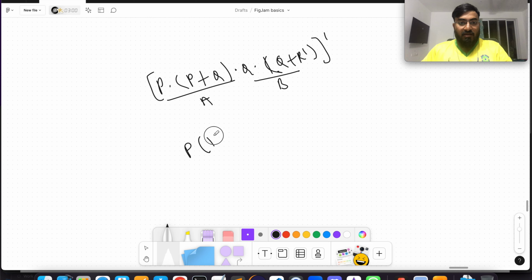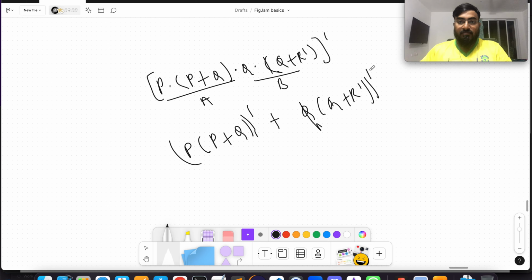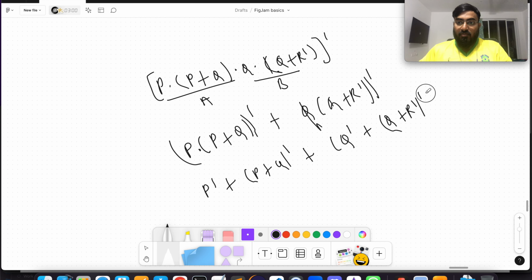So, p bar plus (p plus q) whole bar plus (q dot (q plus r bar)) whole bar. Now this is again (a dot b) whole bar, so a bar plus (p plus q) whole bar, plus again (a dot b) whole bar is a bar plus (q plus r bar) whole bar.